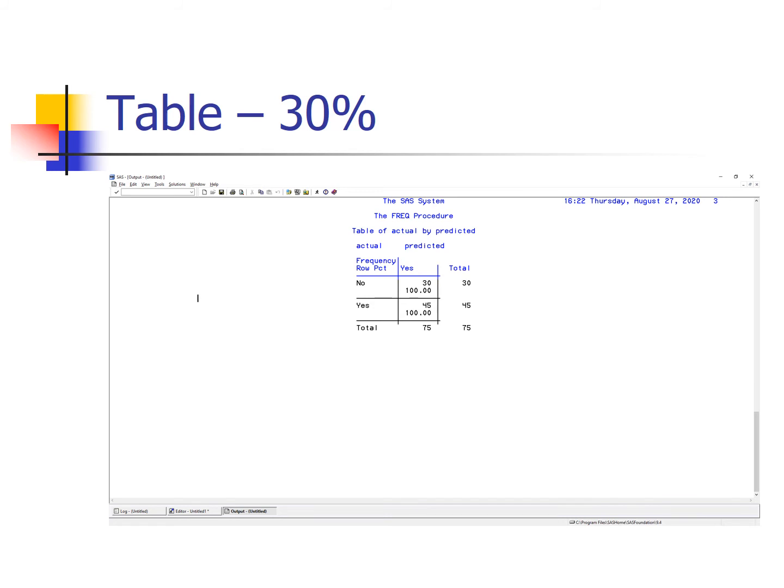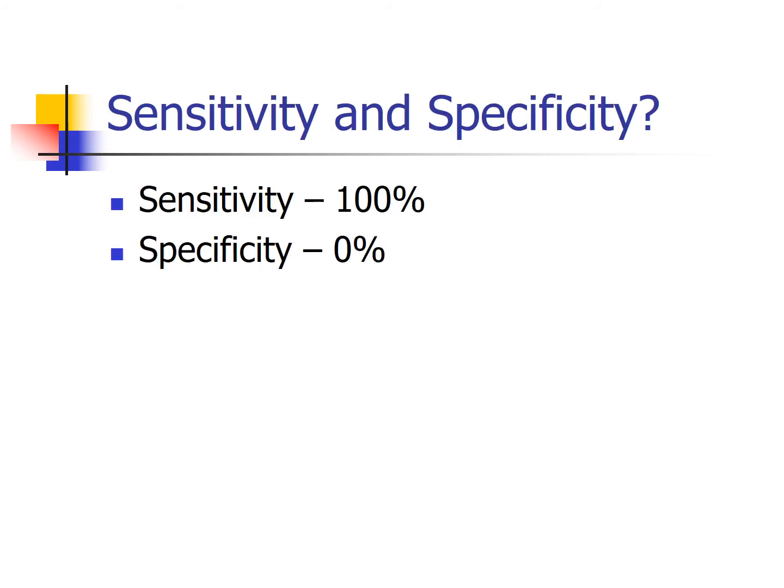We were 0 out of 30 correct in terms of predicting that someone doesn't have the disease. So our sensitivity is 100, our specificity is 0. Yep, there it is.